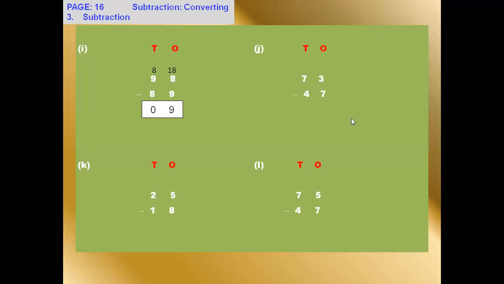73 minus 47. So 3 minus 7, again I have to take 1 from the tens, meaning we will borrow. It becomes 13, and the 7 becomes 6, because when the 7 gives a digit, it will reduce and become 6.